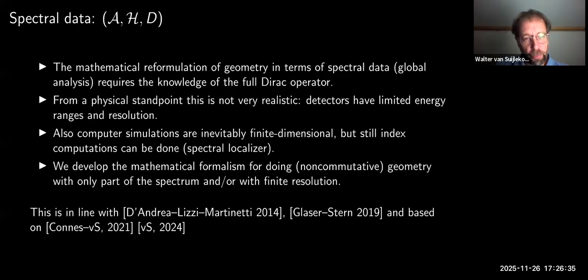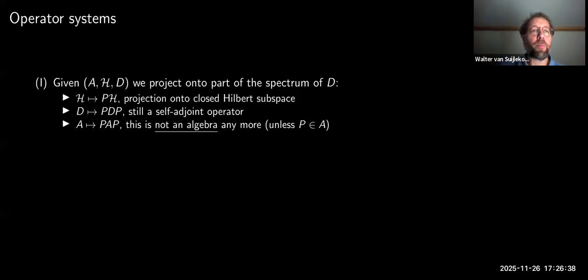All right. So if we were given this set of data, say a spectral triple, then the idea of taking only part of the spectrum is realized mathematically by taking a spectral projection. So let's do that in finite dimensions for convenience, even though it can be done more generally.